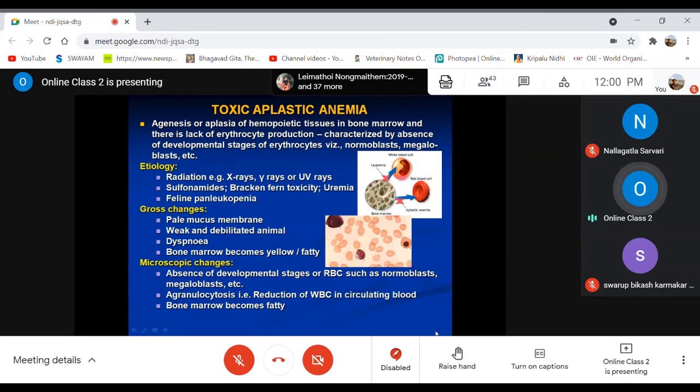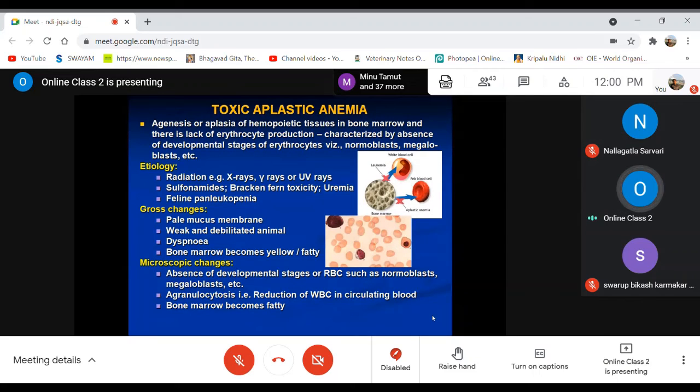Then the next type is toxic aplastic anemia, due to some toxic factor, or sometimes drug poisoning or toxicity, or some virus infection.